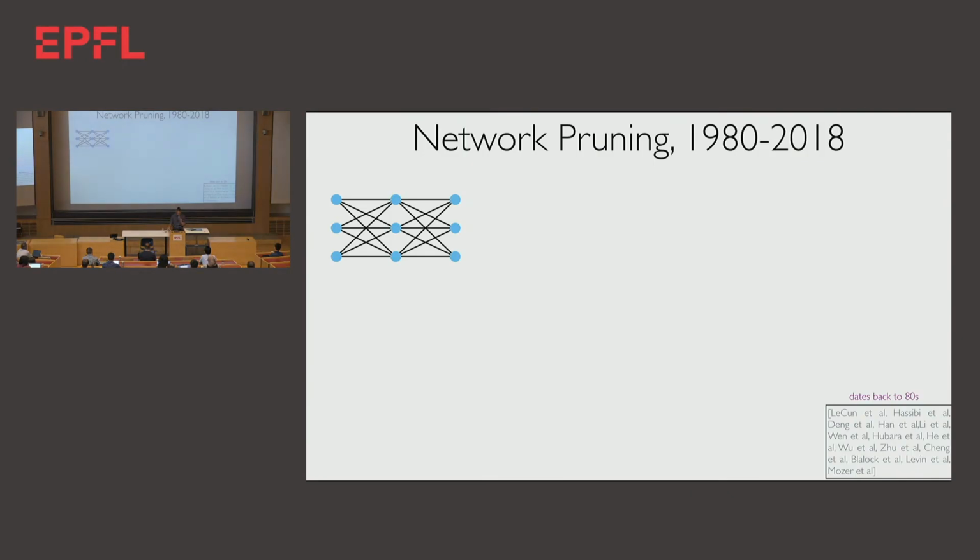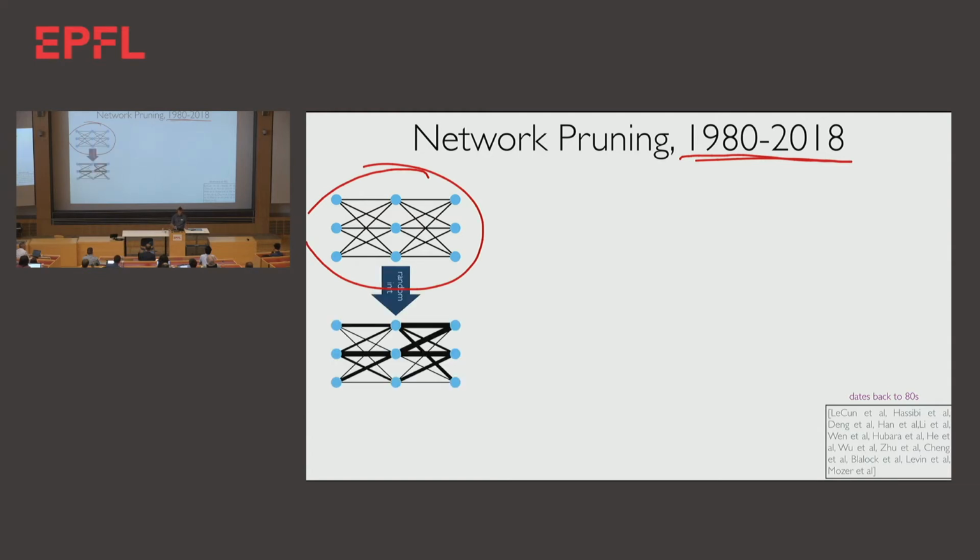Okay, let's see. I'll see what happened from the 80s until 2018, from the optimal brain damage up until more recently. What I'm going to say is not necessarily fair, but the vast majority of model compression algorithms fall under the following category. You start with your architecture, think of ResNet 50, whatever you want to train.